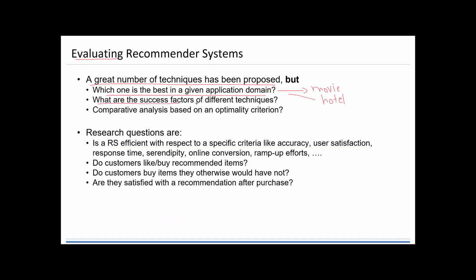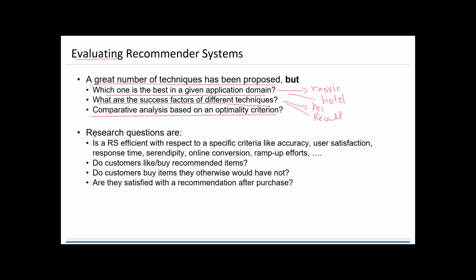What are the success factors of different techniques? If we use accuracy, what is the success factor, and what is the success factor of recall, etc.? And there is comparative analysis based on the optimality criterion. So yeah, we need to understand this.